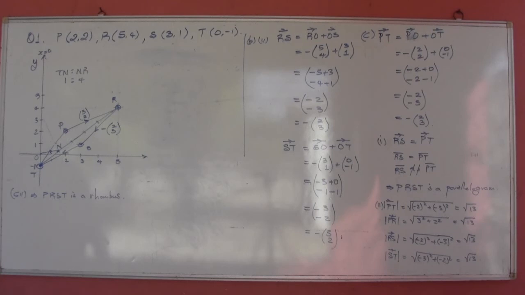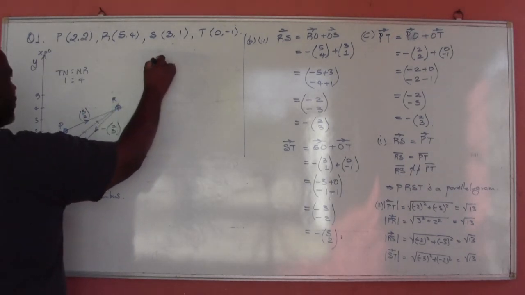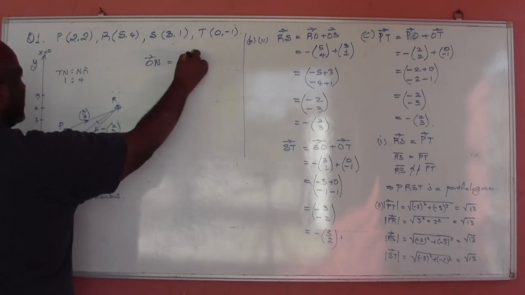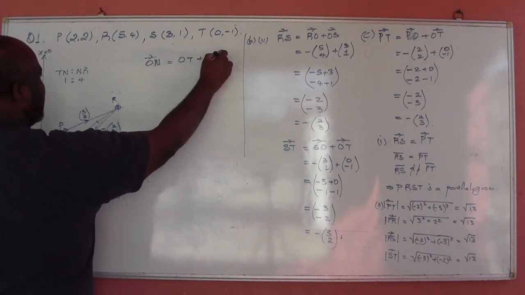We're asked to determine the position vector of N. I have OT, and I want ON. ON will be equal to OT plus TN. So we need to find TN.